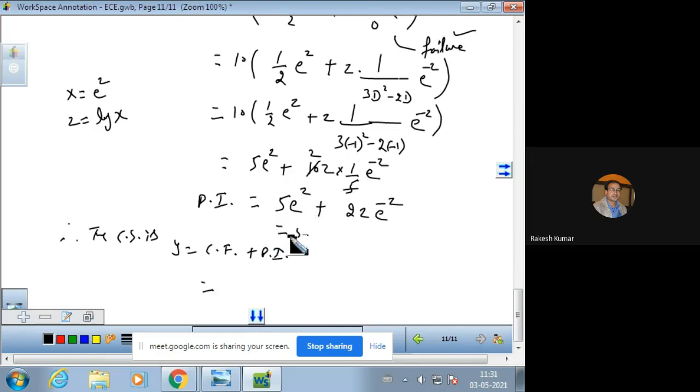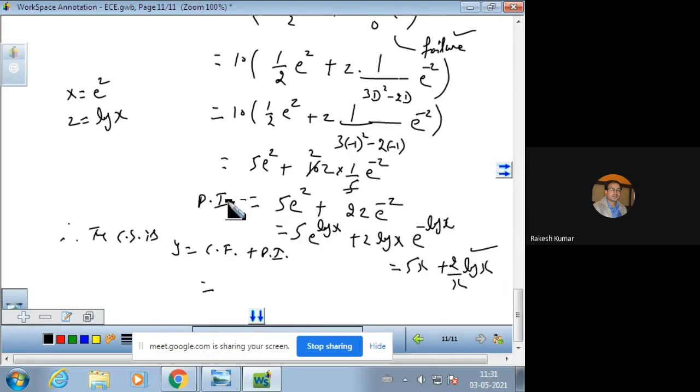So put 5e^(log x) plus 2 times log of x e^(-log x). So ultimately we will have 5x plus 2 upon x, because here you will have x inverse, 2 upon x log of x. Now we are back in variable x.